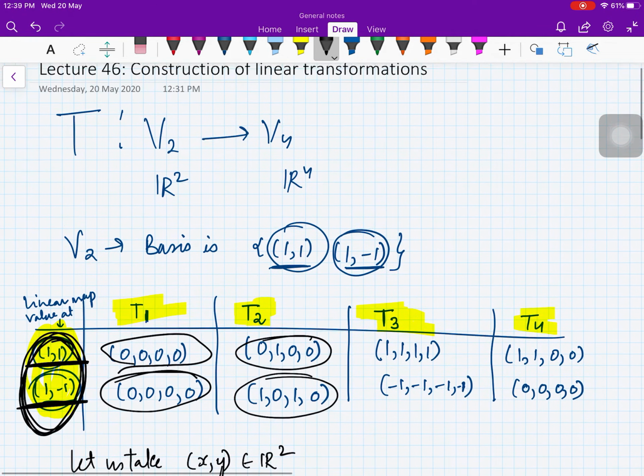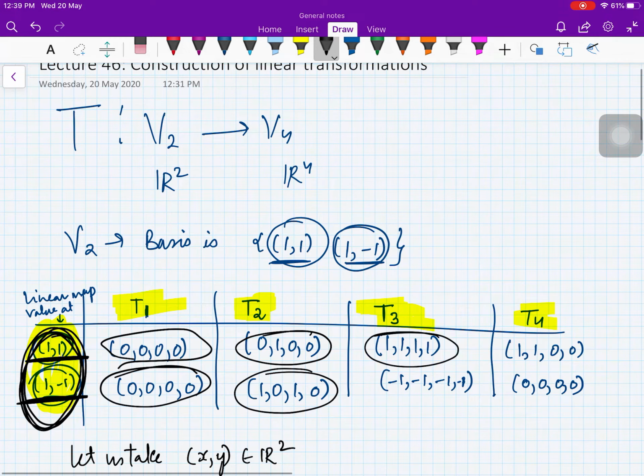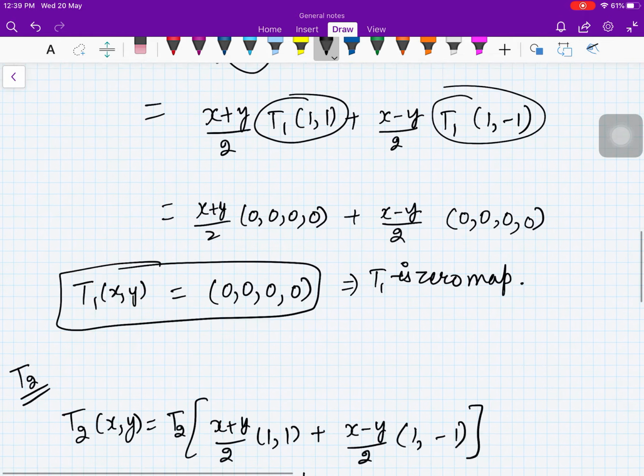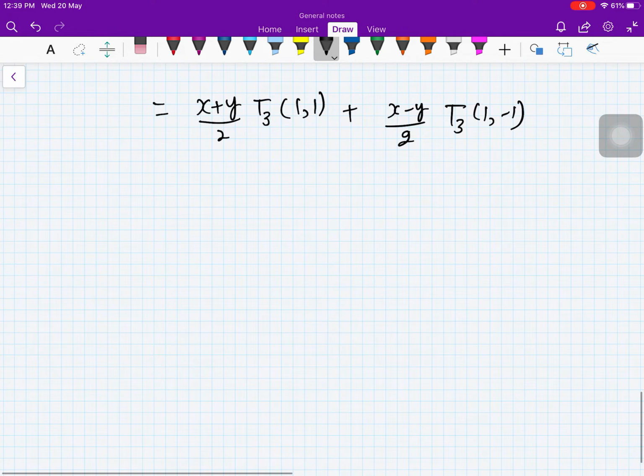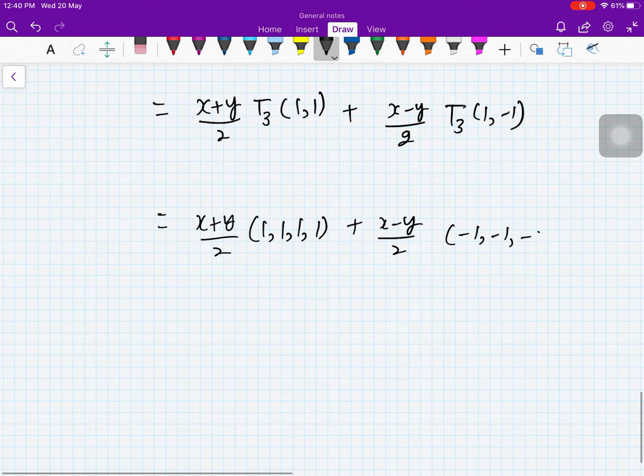Now T3 of (1, 1) is (1, 1, 1, 1), and T3 of (1, −1) is (−1, −1, −1, −1). So you'll get (x+y)/2 times (1, 1, 1, 1) plus (x−y)/2 times (−1, −1, −1, −1).